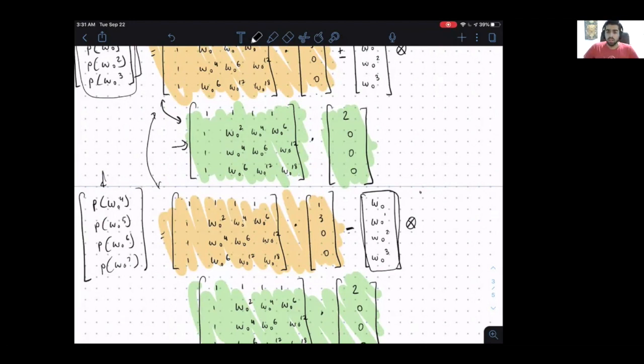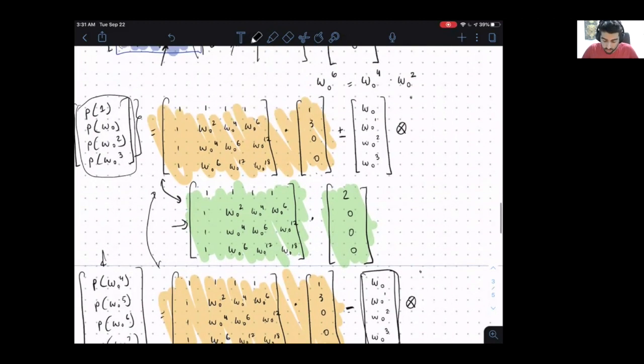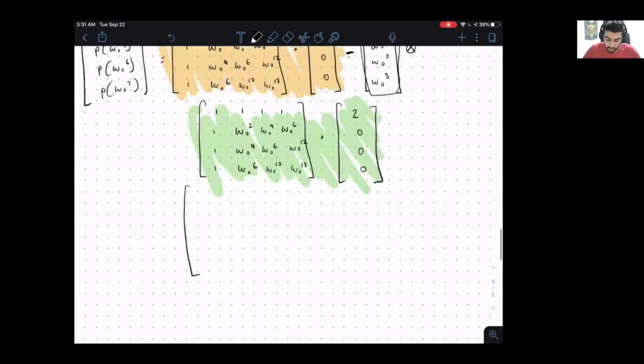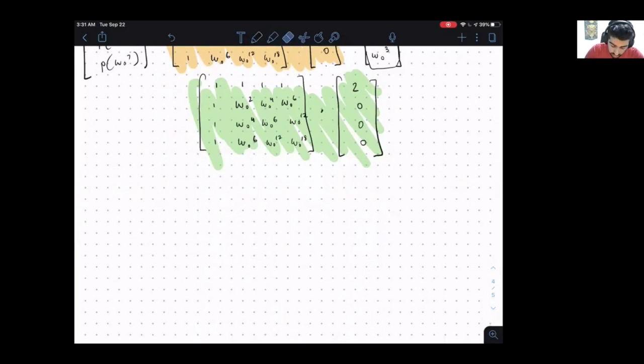Okay, so I'm going to write this a little bit more generally. And in order to do that, I'm going to first note that this sub building block matrix that I've been referring to this whole time, we can actually rewrite as M4 of omega naught squared.